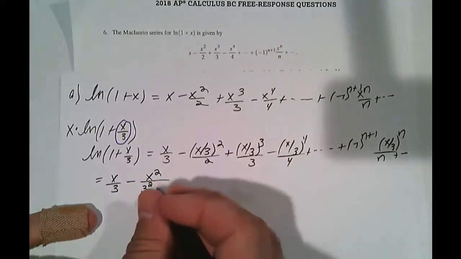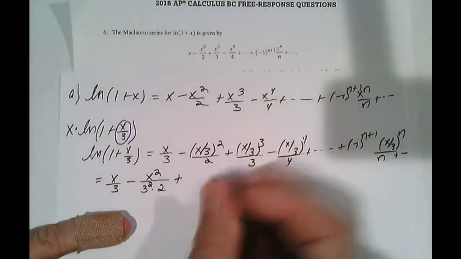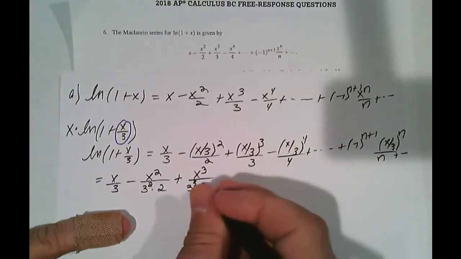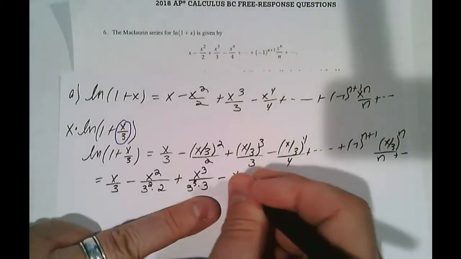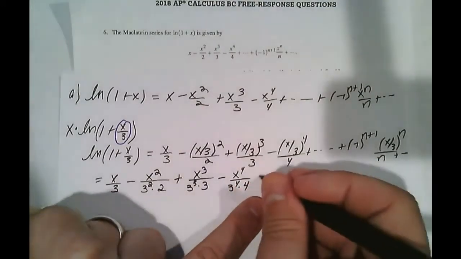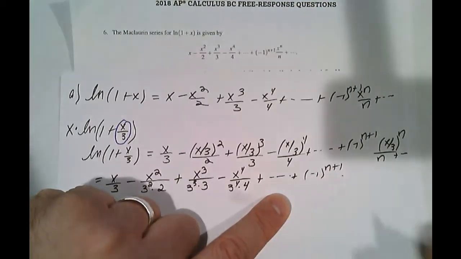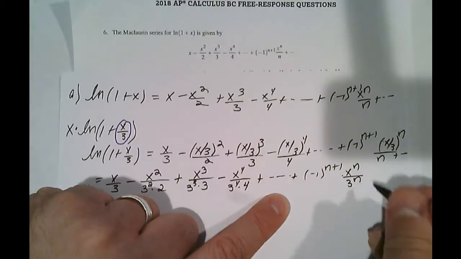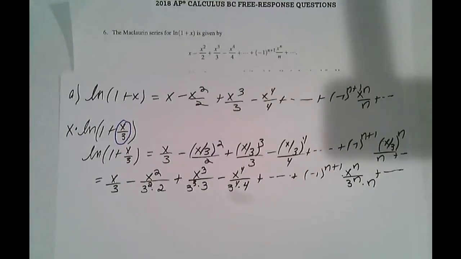To divide all that by 2 means I'm going to multiply by 2 in the denominator. Plus x over 3 cubed, well that's x cubed over 3 cubed times that 3. Minus x over 3 to the fourth is x to the fourth over 3 to the fourth times 4, plus -1 to the n plus 1. X over 3 to the n is the same as x to the n over 3 to the n, and then times n, plus all that.